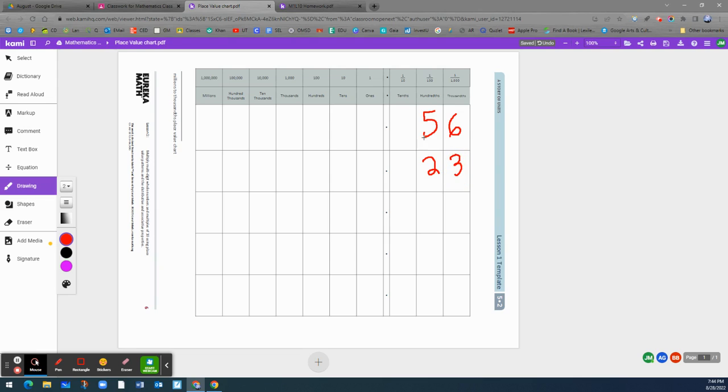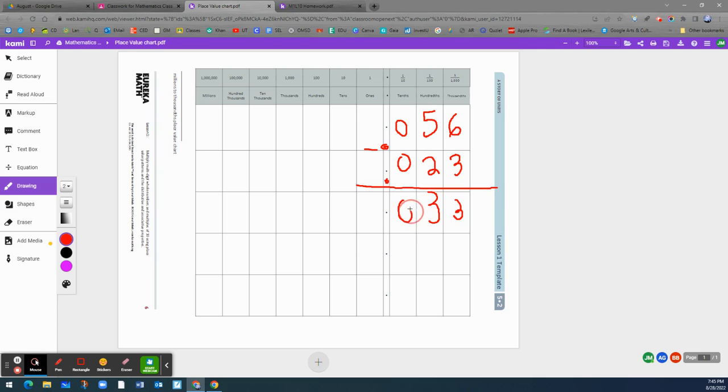And as we know, on both of the numbers there are 0 tenths. And remember, this is where the decimal point is hiding. Now we'll do the actual subtraction. 6 minus 3 equals 3, and 5 minus 2 equals 3.